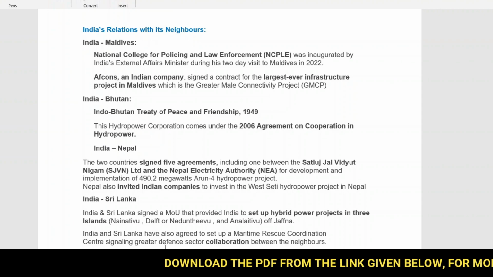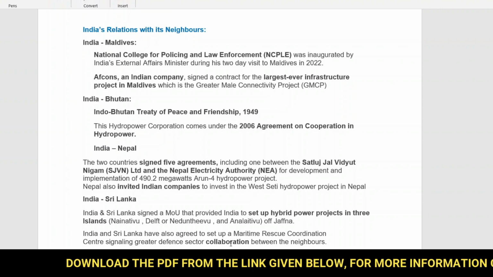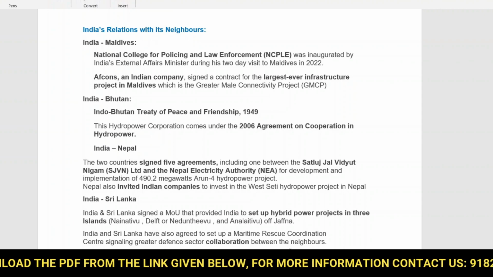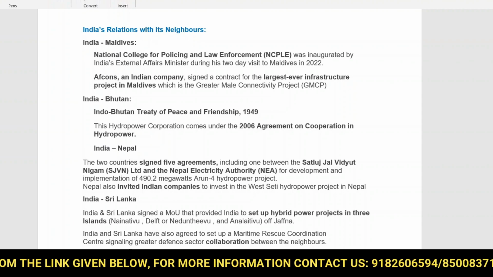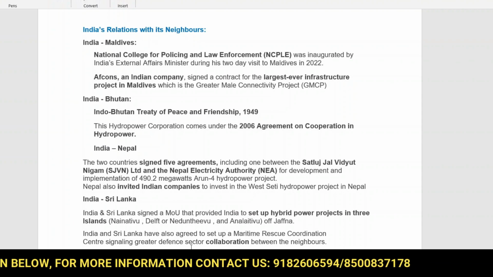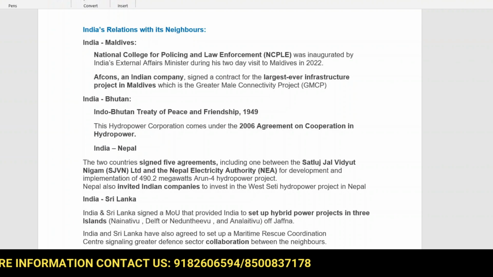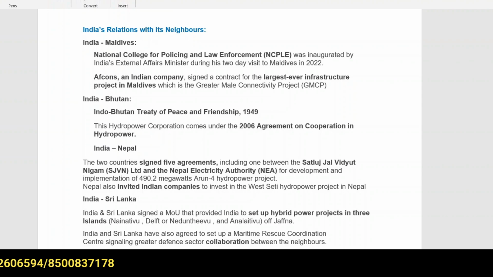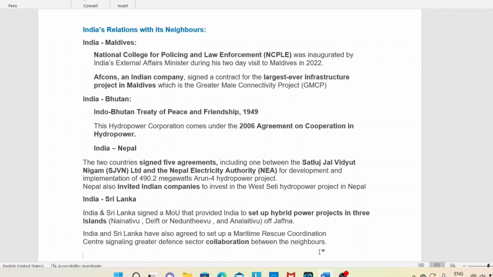India and Sri Lanka have also agreed to set up a Maritime Rescue Coordination Centre, signaling greater defense sector collaboration between the neighbors. This is about India and Sri Lanka.